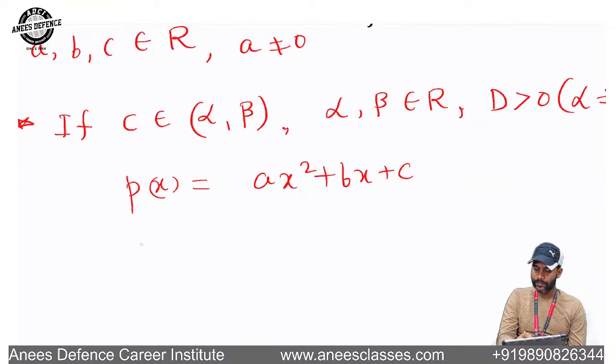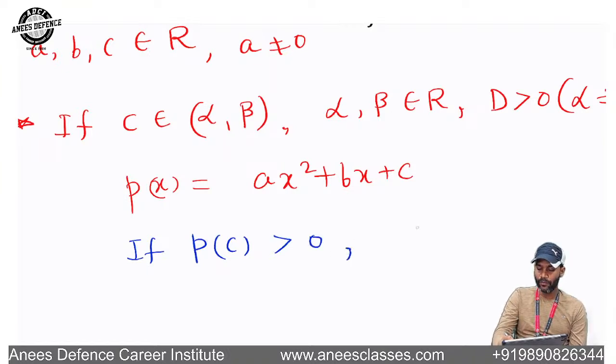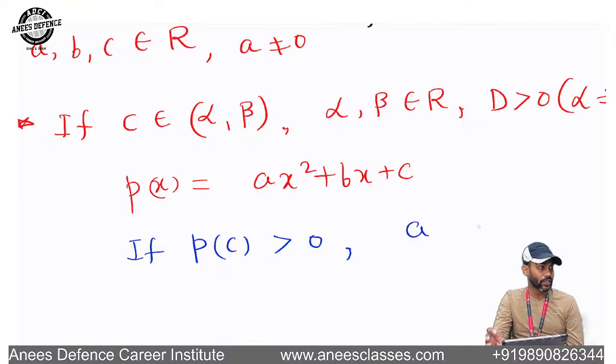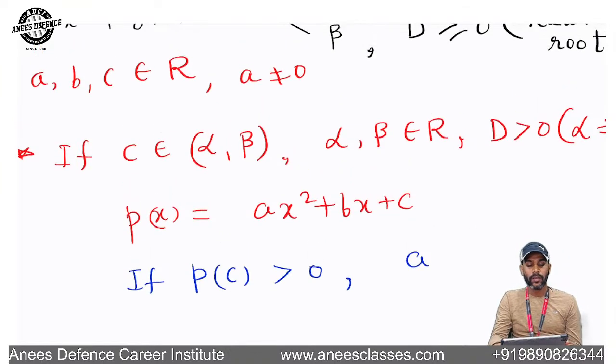So see, my question is, if p of c is greater than 0, then tell me what is a, I mean a is positive or negative. Have you understood the question? c is a number between alpha and beta, and p of x is ax square plus bx plus c.